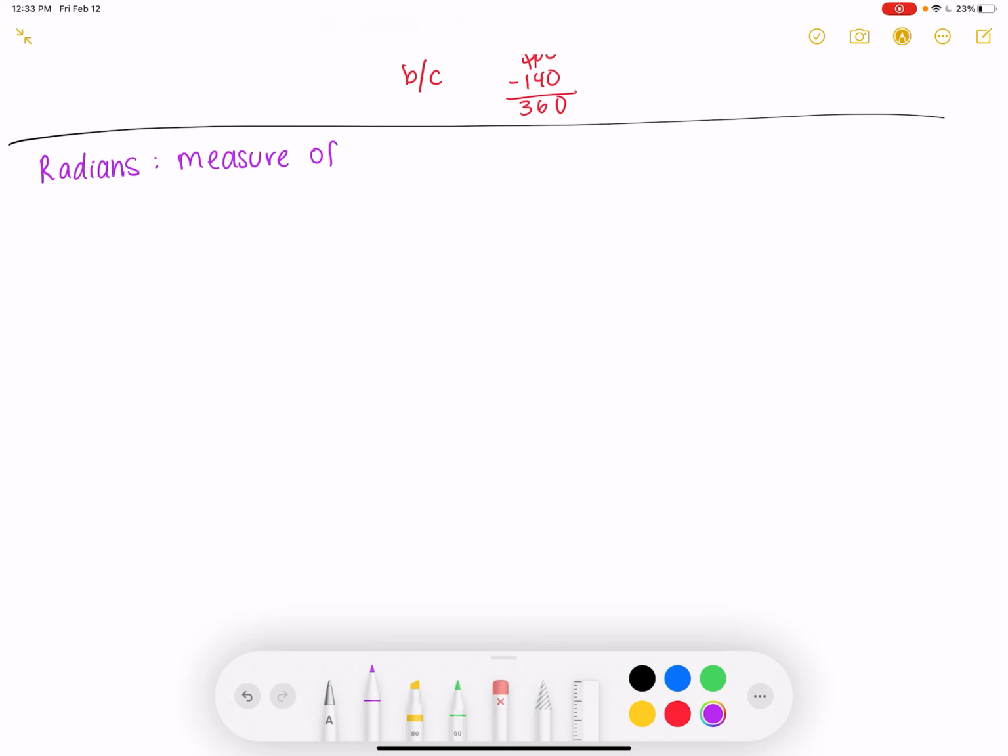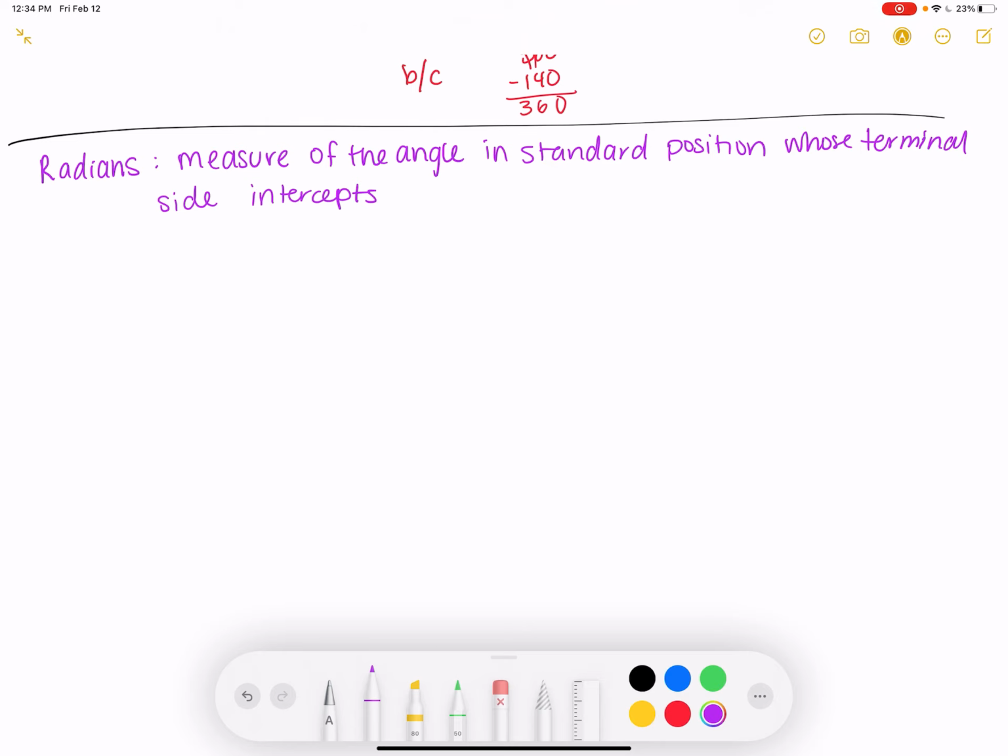It's a measure of the angle in standard position whose terminal side intercepts the arc length r.